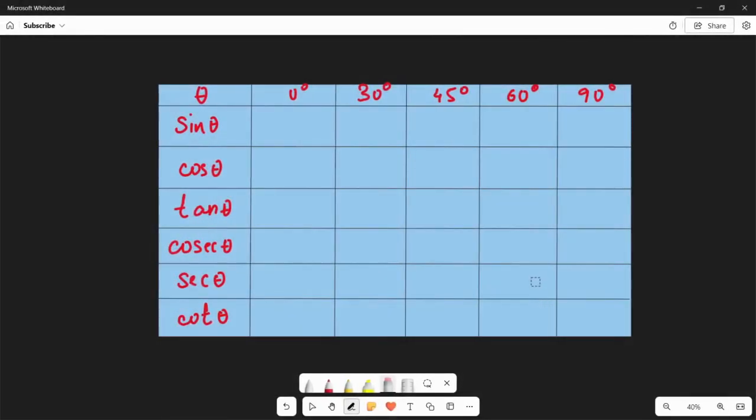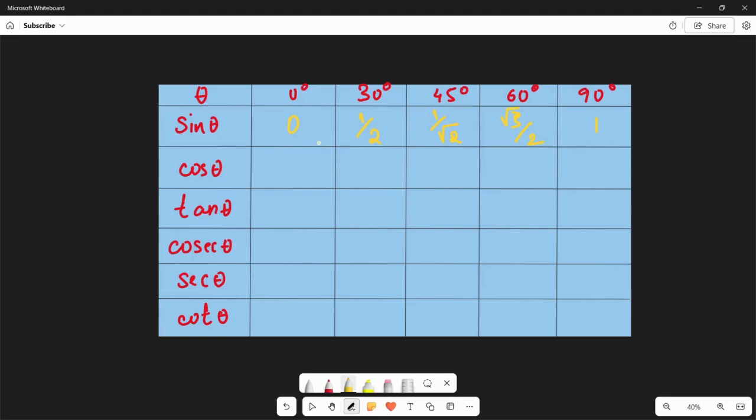Okay, so now let's learn the values of these trigonometric ratios at various standard angles, starting with the angle 0. So sine of 0 has a value of 0, sine 30 is 1 by 2, sine 45 is 1 by root 2, sine 60 has a value of root 3 by 2, and sine 90 can be written as 1.